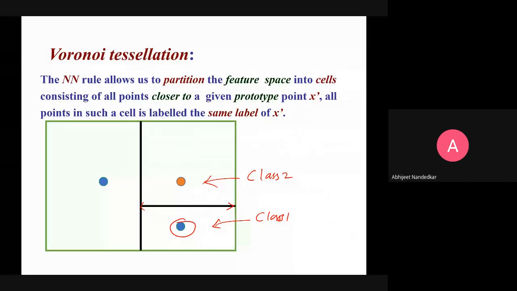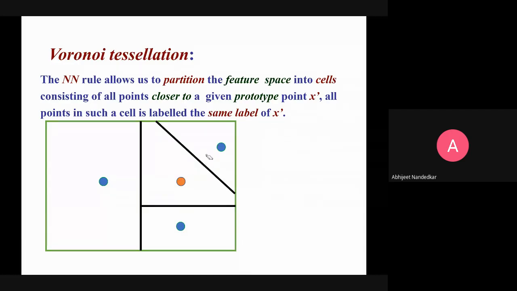If this was not there, then we have only one boundary. Now if I keep on adding like this, if I add one more sample here, which belongs again to class 1, then this boundary will come. You can see I am joining these two and passing a line which is perpendicular to this.